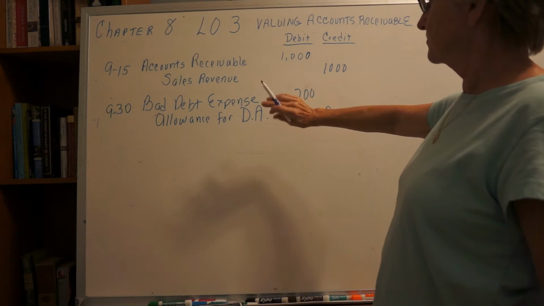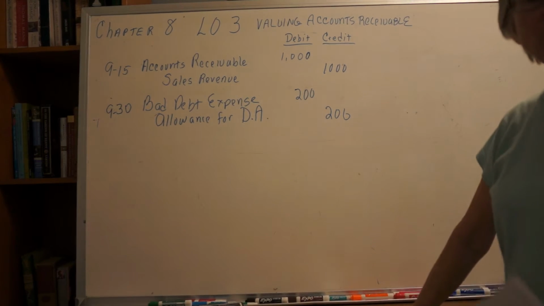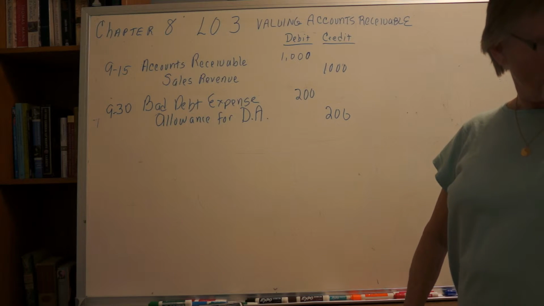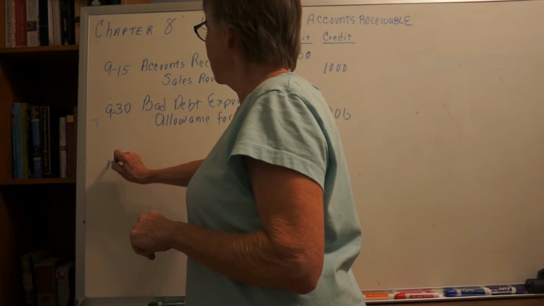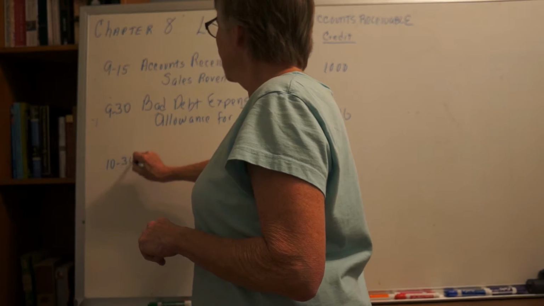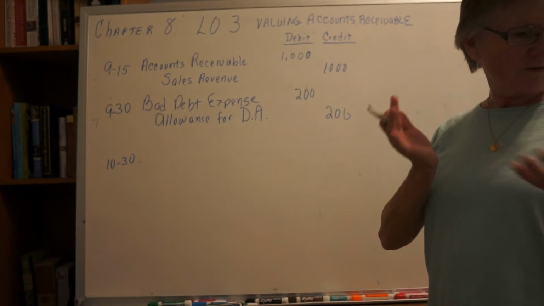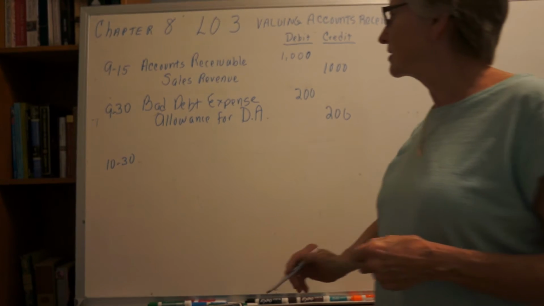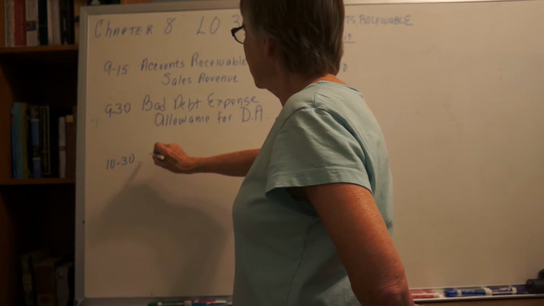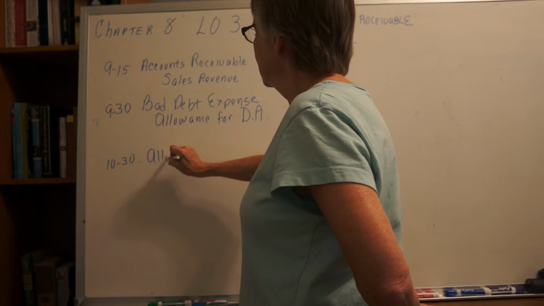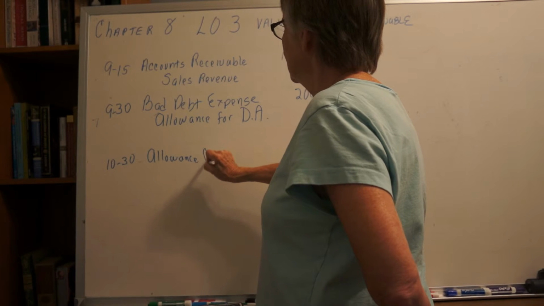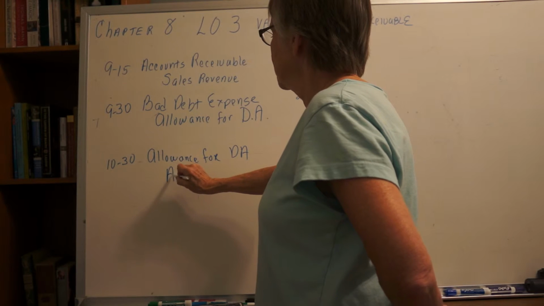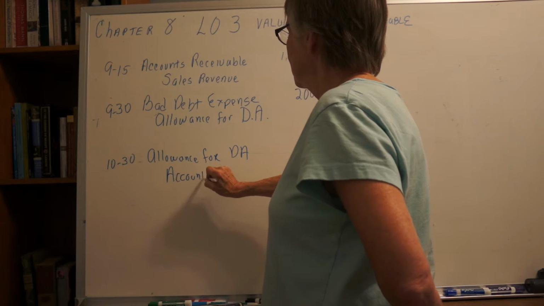This is our estimate. So now what happens when we actually have someone who doesn't pay? Okay, so say on 10/30, we've got a customer who owes us $50 and actually isn't going to pay us, declared bankruptcy, we're not going to see it. In that case, when we have an actual write-off, we would debit the allowance for doubtful accounts, and we would credit that particular account's receivable.